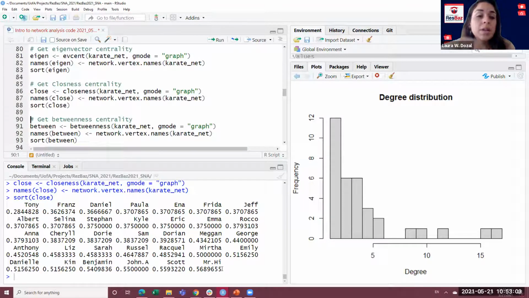To connect with Mr. High, it takes the least amount of steps. Scott as well. Whereas before, John A used to have the highest degree and eigenvector centralities, and now he was bumped to 3rd place.